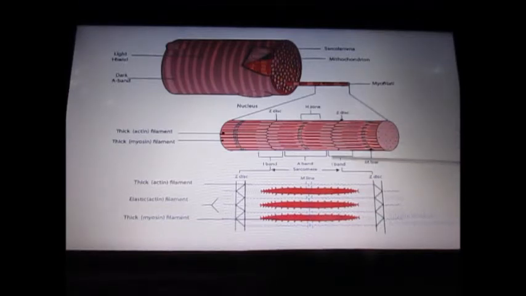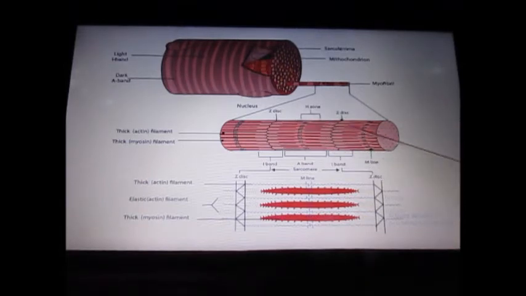There is no myosin, so it will appear to be clear because the actin is thin, not very thick. The area will appear light or clear, but in this part here we already find the myosin, which is thick, so it appears dark.